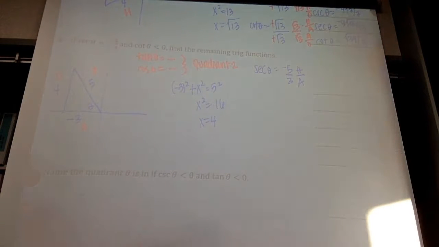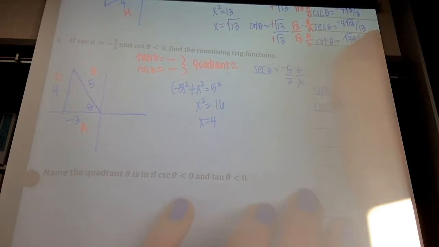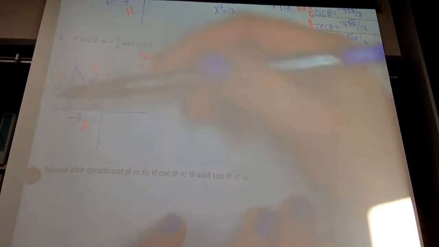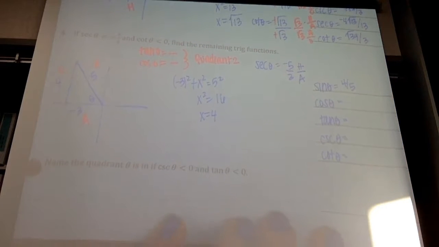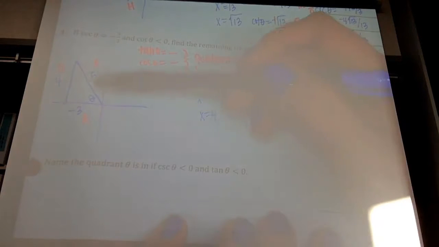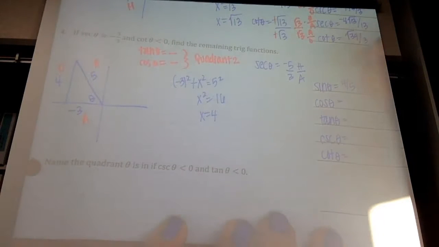And so now I can find my sine, my cosine, tangent, cosecant, and cotangent. Okay, so sine is opposite over hypotenuse, so 4 over 5. No rationalizing denominators here. Cosine is adjacent over hypotenuse, so negative 3 over 5, which makes sense because that's the reciprocal of secant.